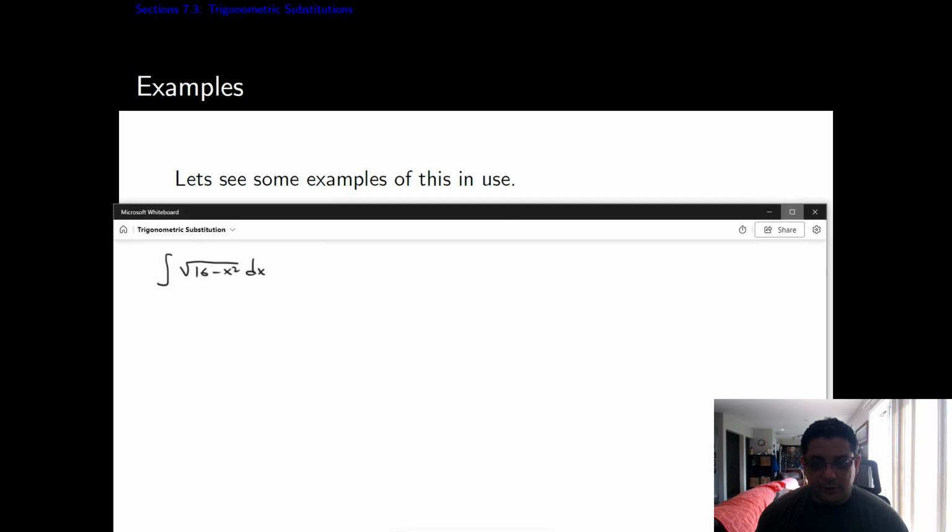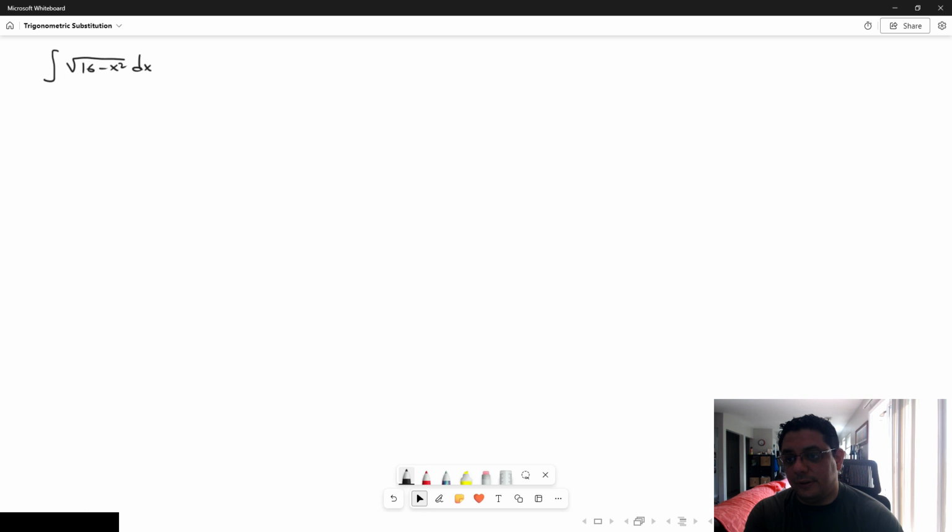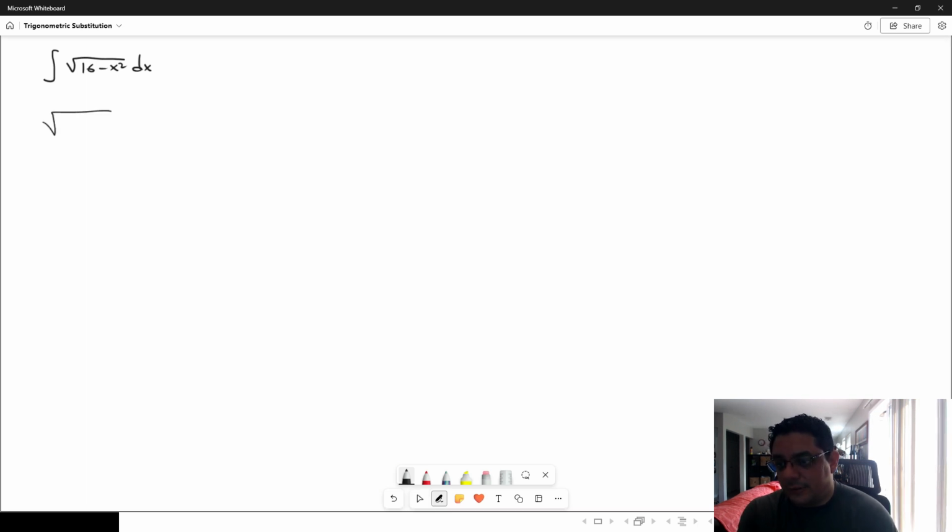First, let's go with the integral of the square root of 16 minus x squared. This is clearly of the shape a squared minus x squared, where a is equal to 4, so a squared becomes 16. This means that the trigonometric substitution we're going to use is x equals 4 sine of theta.